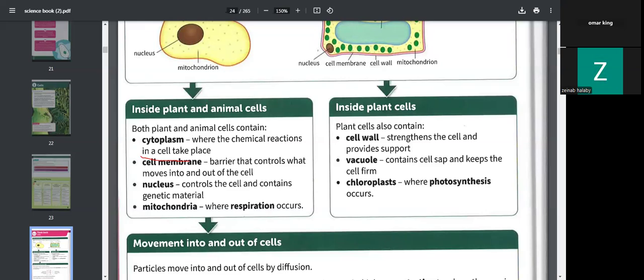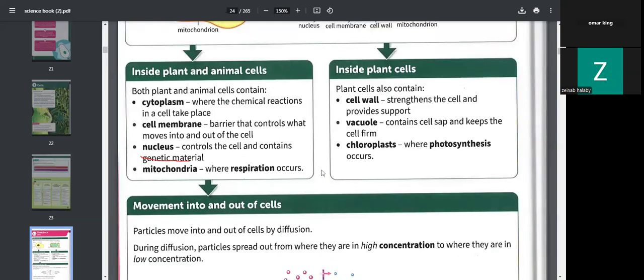Number three, chloroplasts, which are present in enormous amounts in plant cells, where photosynthesis occurs, where the plant obtains its own food by photosynthesis in the chloroplast.